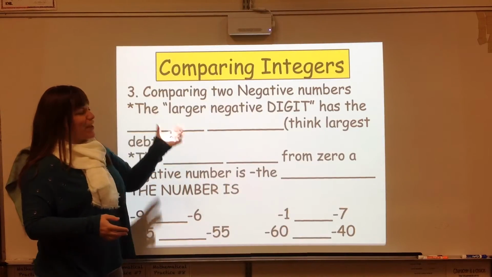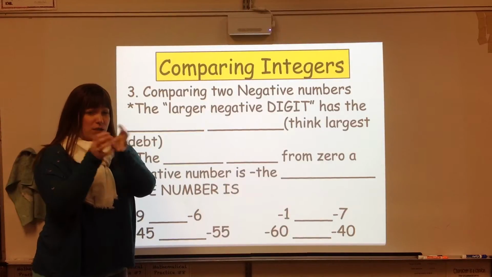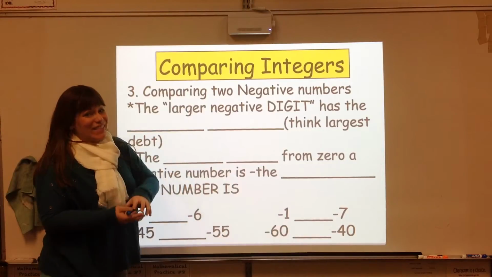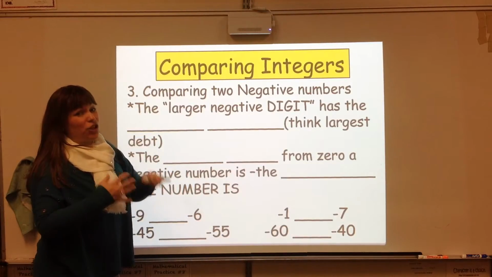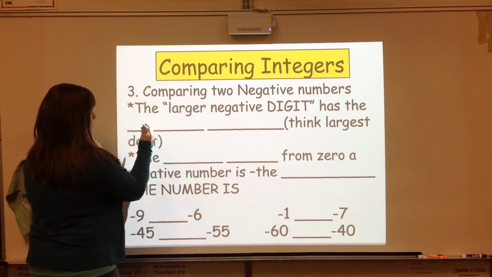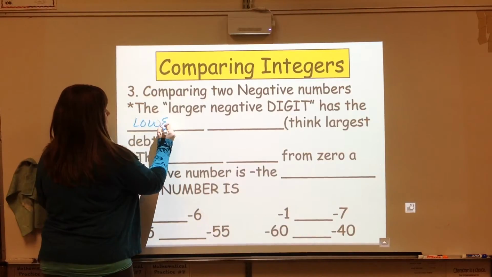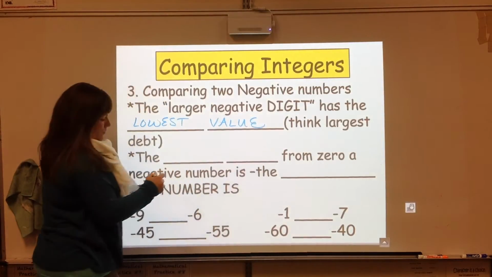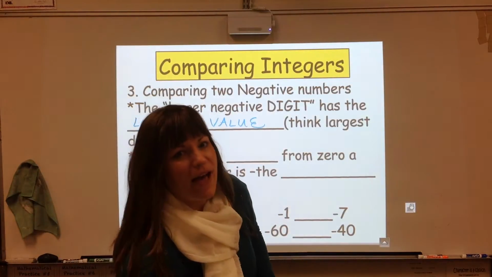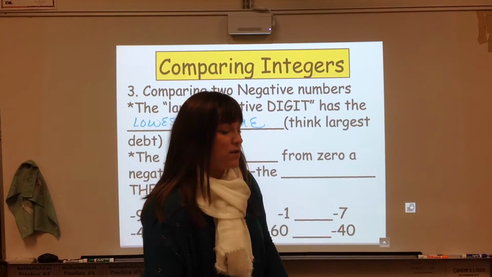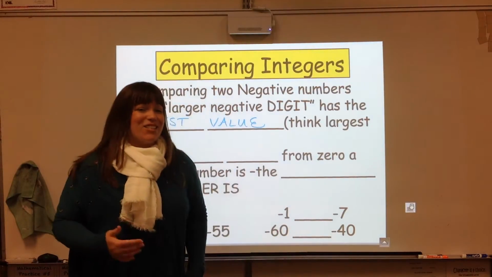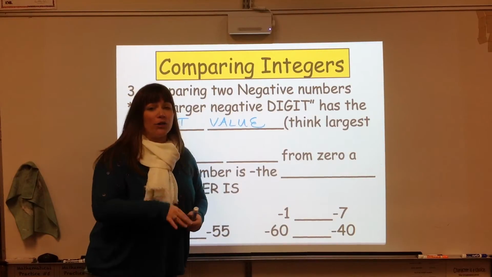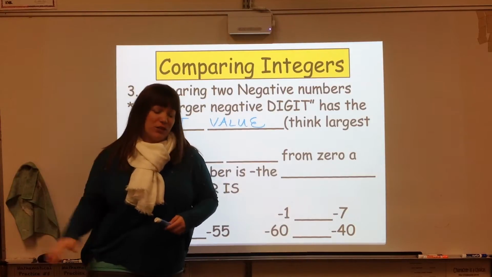If you just look at the digit of the negative number, the larger negative digit has the lowest or smallest value. So you can think about that idea of debt. The bigger the digit is in the negative, the larger the debt, but it still is a very, very small number as you go towards the left of the 0.